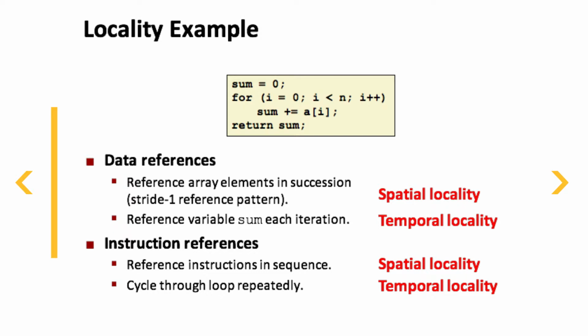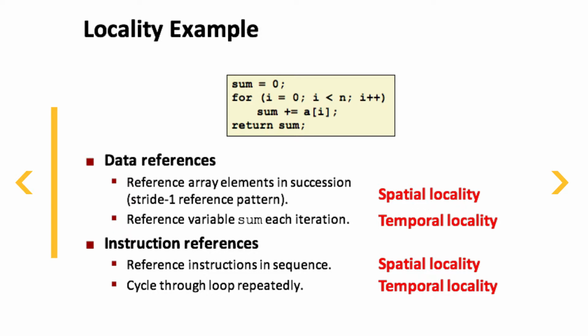If we're looping through an array, we know that it's all going to be packed together in memory. That's how an array has to be stored. So that's an example of good spatial locality because, again, as we go through, we're going to reference A at index 0, then index 1, then index 2, and we know that those are right next to each other in memory. Great spatial locality.